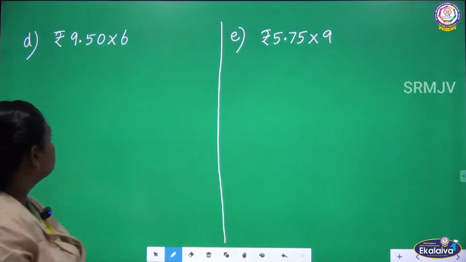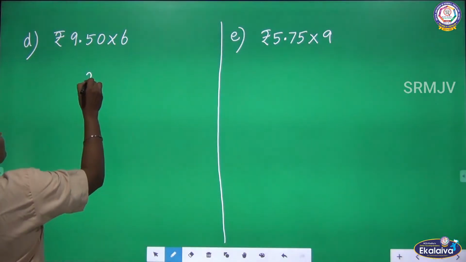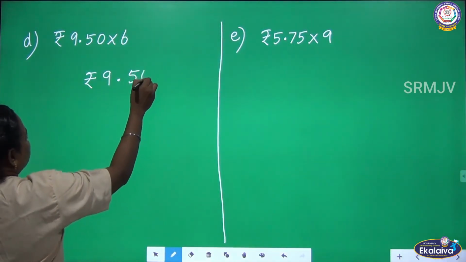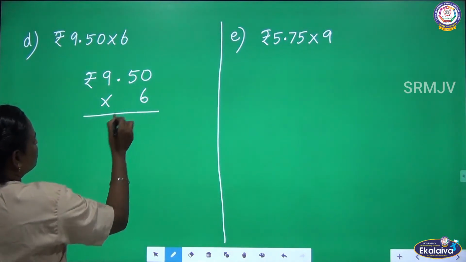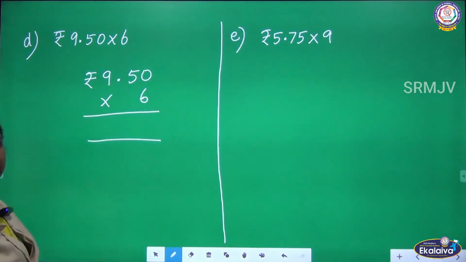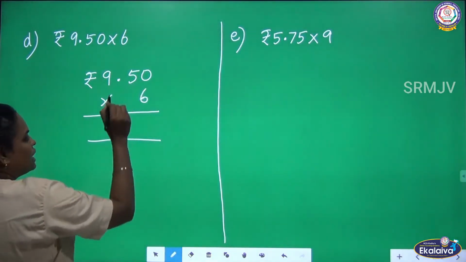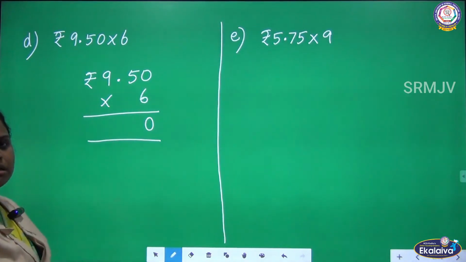Next one, 9 rupees 50 paise multiply by 6. So listen, first you write in the columns 9 rupees 50 paise multiply by 6. We are going to multiply first paise, after that rupees. So 6 zeros are 0. Next 6 5s are 30.